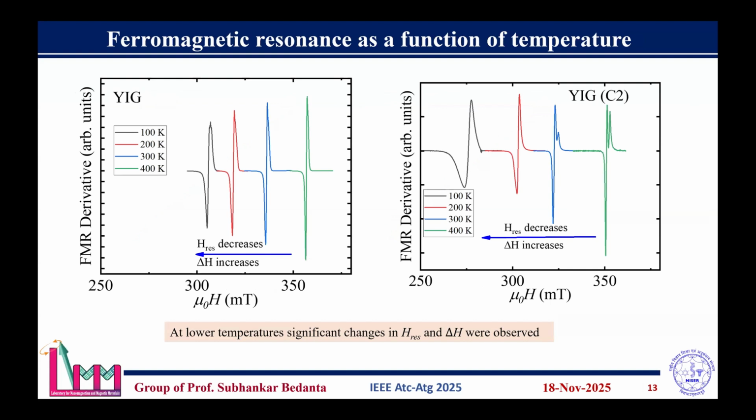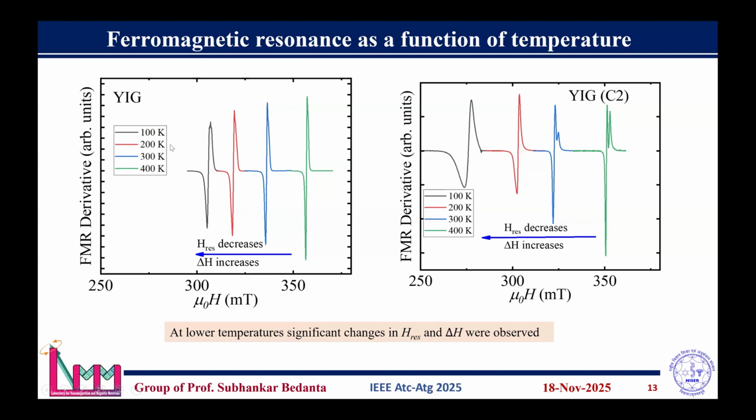Further, we did low temperature measurements for this system, where we found that the YIG sample shows a decrease in resonance field with decreasing temperature over the range of 400 to 100 Kelvin, and the delta H also increases a bit.